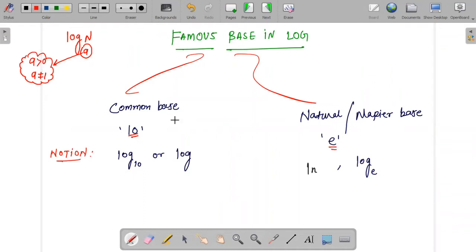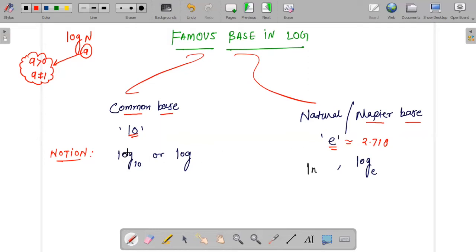If it is 10, then the log base is known as common base. While if it is e, which is your Euler number, or you may also know it by the name of Napier base, whose value is approximately 2.718, and it is an irrational number. So if e is there, then we'll call it log of a natural number. So how do we represent this number then?